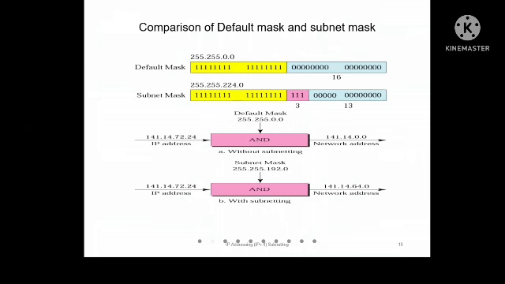When you say default mask, it is what the IP version 4 engineers designed by default. This is going to be the default mask of any particular class of IP address.